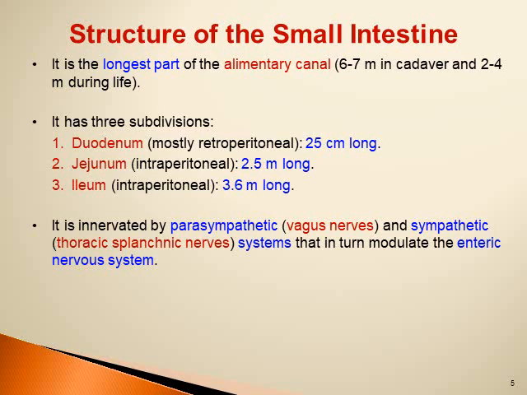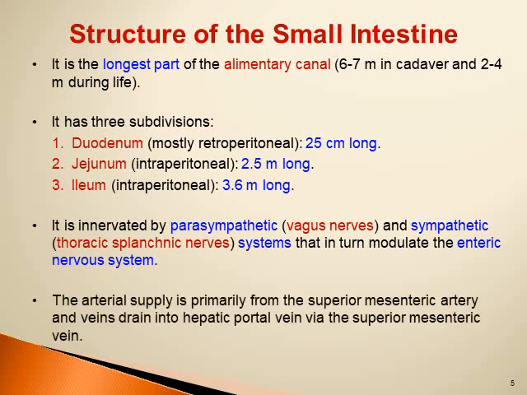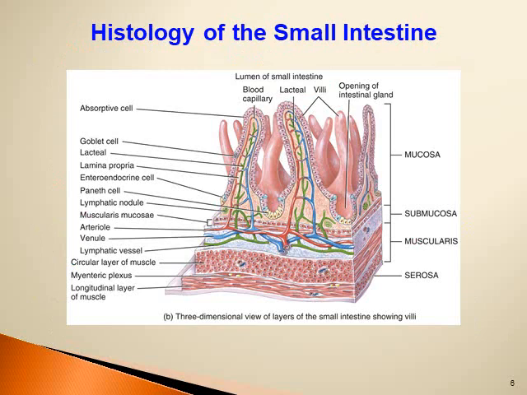So both divisions of the autonomic nervous system, parasympathetic and sympathetic, modulate the activity of the myenteric and submucosal plexuses. The arterial supply is primarily from the superior mesenteric artery, and veins drain into the hepatic portal vein via the superior mesenteric vein.